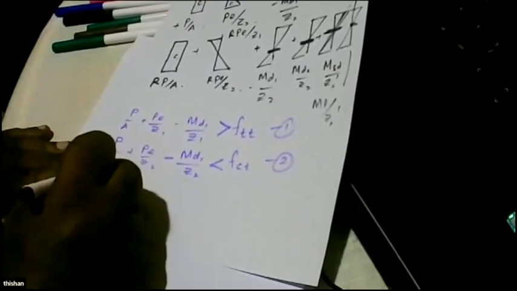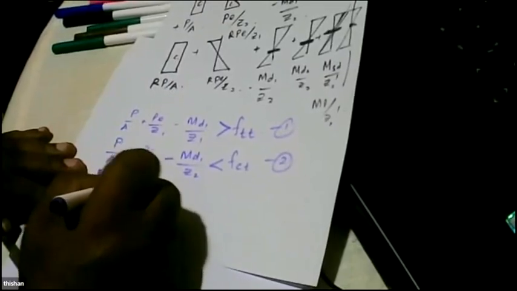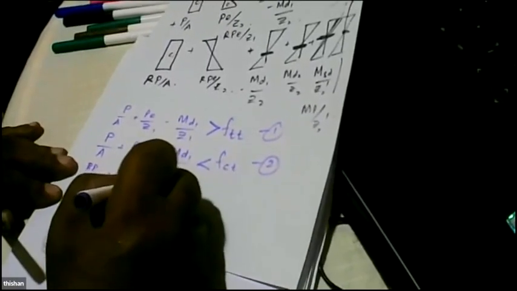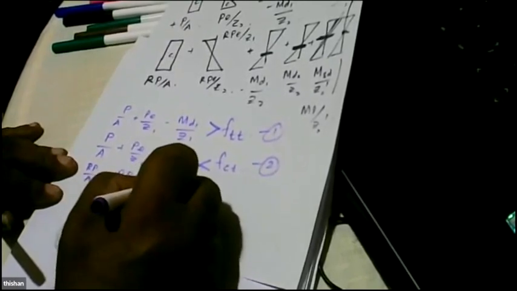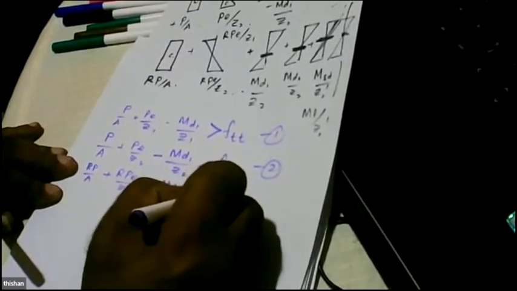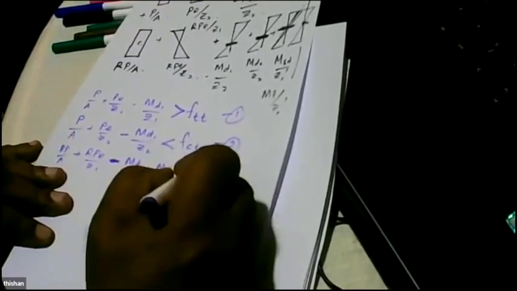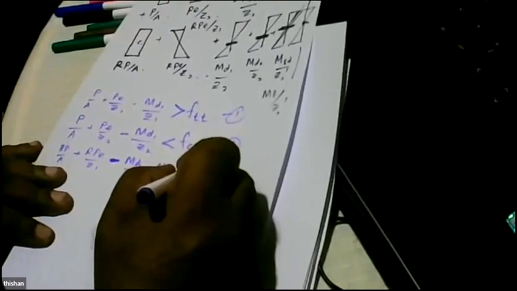And now we are looking at RP over A plus RPE over Z1 minus MD1 over Z1 minus MD2 over Z1, that is the weight of the concrete that we place, and then minus M superimposed dead load over Z1 dash minus M live load over Z1 dash.